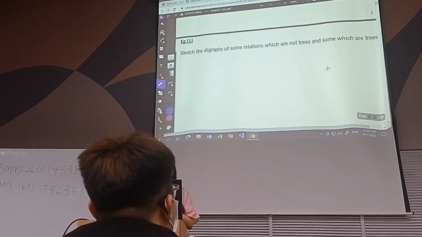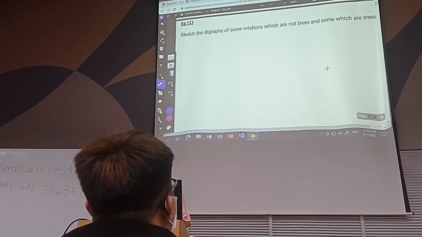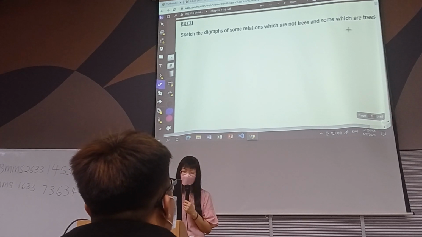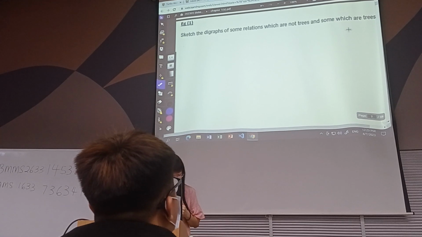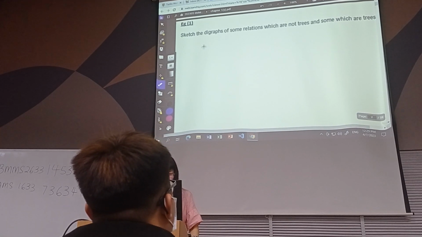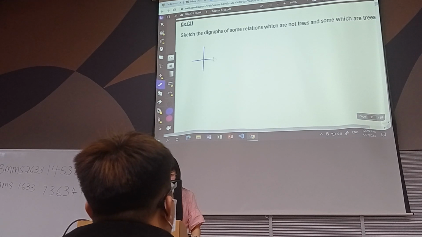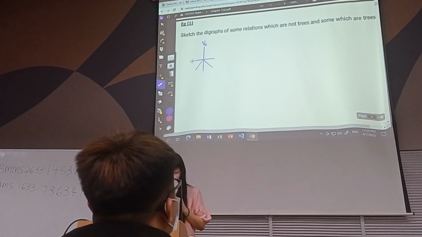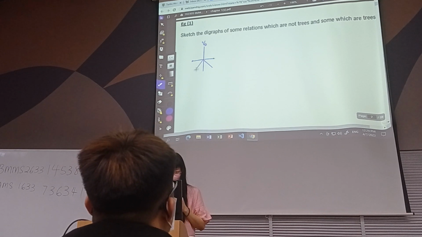Now the second one is to sketch the diagram for the relations which are not trees and which are trees. So we can give some examples here. If I put the root as V0, then all these will be the vertices coming from V0.